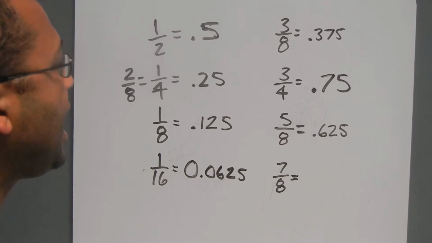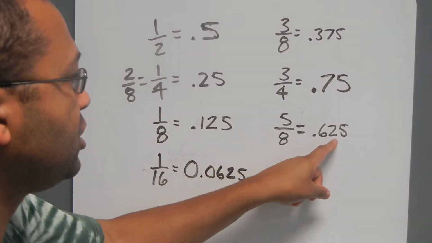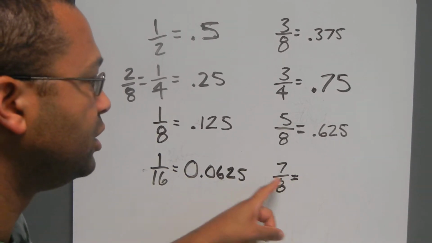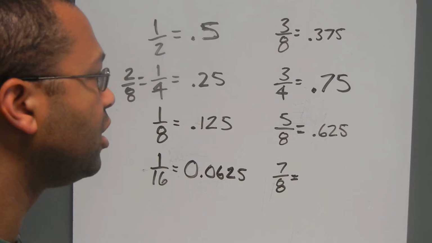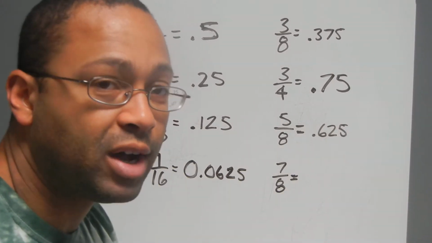So if I added 0.25 to 0.625, I should get the equivalent of 7/8. In this case scenario, it should be 0.875. If it's not 0.875, there's something wrong.